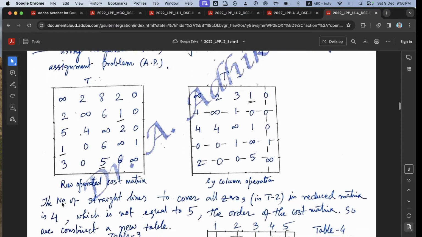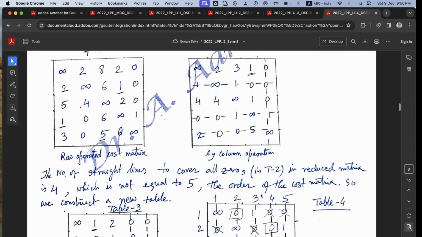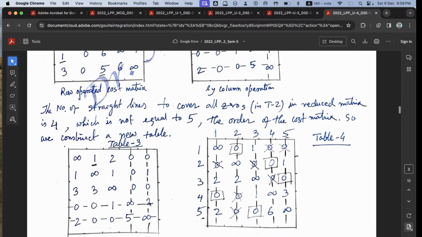This is the row operated cost matrix, and after column operation, the number of straight lines to cover all zeros in table 2 in the reduced matrix is 4. These lines cover all the zeros. But here we get 4 lines, which is not equal to 5, the order of the cost matrix. So we construct a new table again.